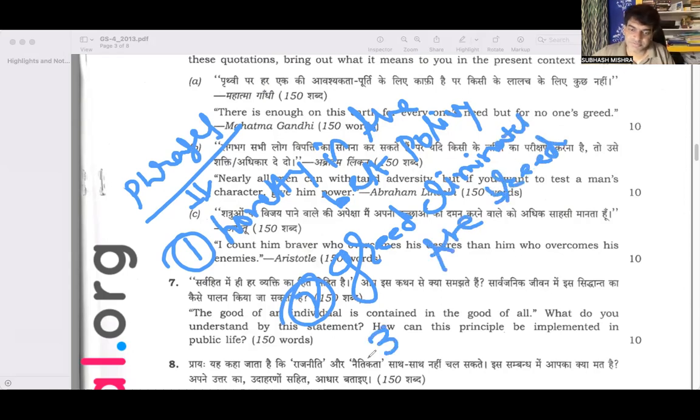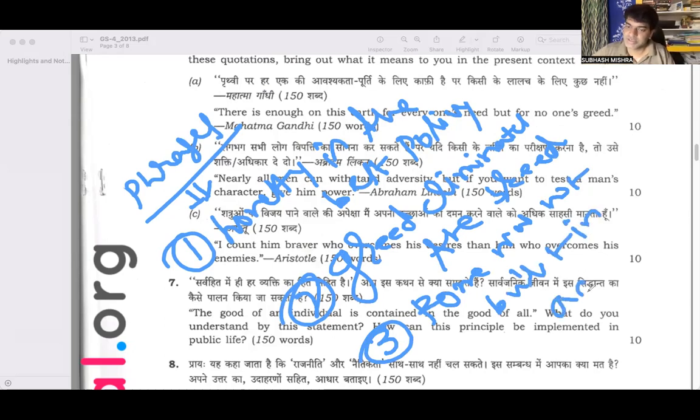This is the proverb. Then, Rome was not built in a day. And now where can it be utilized? It can be utilized in perseverance. There was one question related to perseverance. There you can utilize this phrase: Rome was not built in a day.